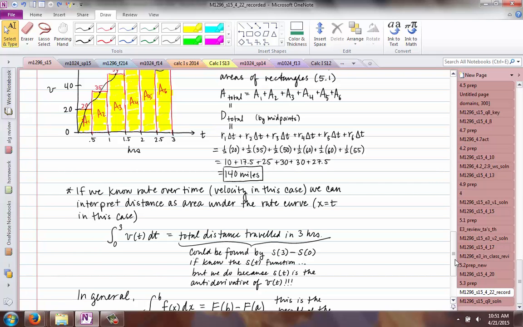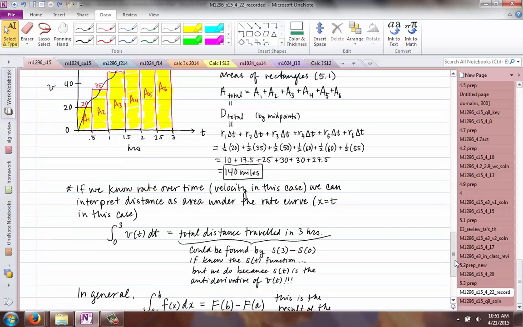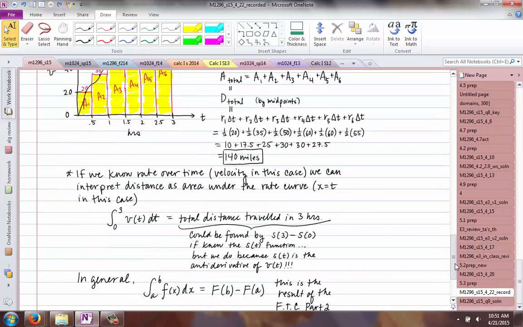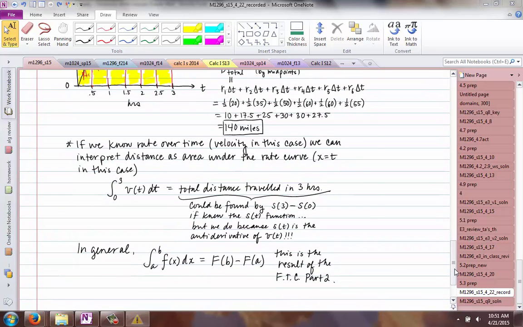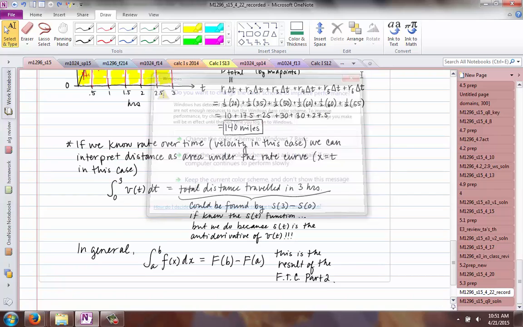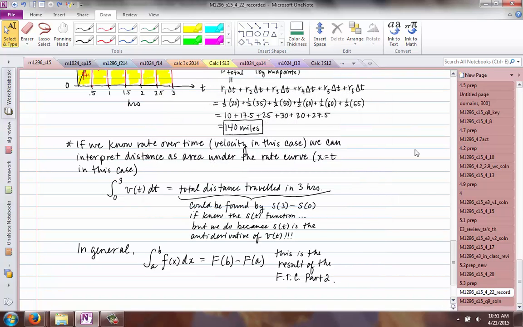But from what we learned about antiderivatives in 4.9, we do know what the position function is if we know the velocity function, because the position function is the antiderivative of the velocity function. So if we take this result, or this observation, and write it in general, then the integral from a to b of little f of x is equal to big F of b minus big F of a, where big F is the antiderivative.